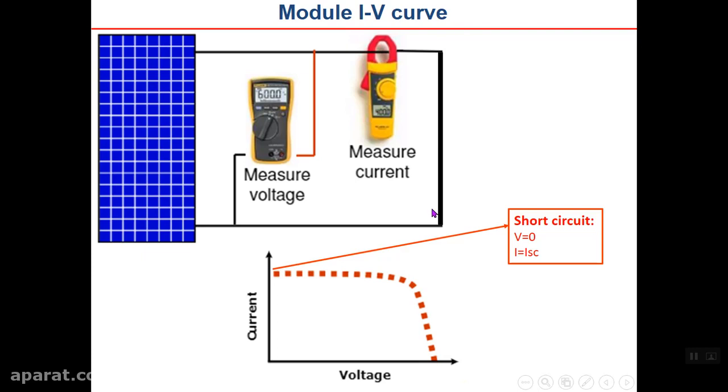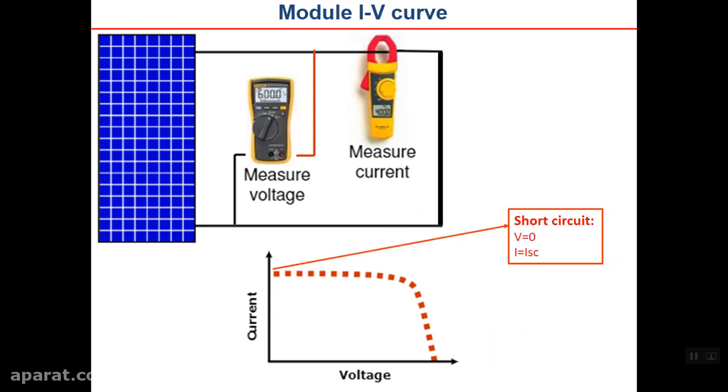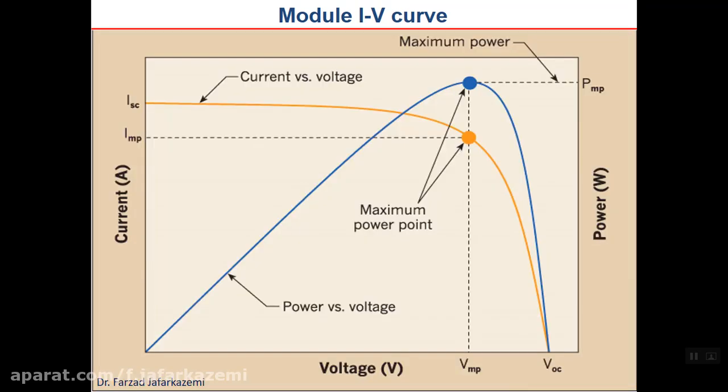As you short-connected both sides, there is no voltage difference here, because the internal resistance of the ammeter is actually 0 or nearly 0. So this will be the next point, and by varying the resistance between infinity and 0, you can find other points of the curve and draw the curve, which is something like this.